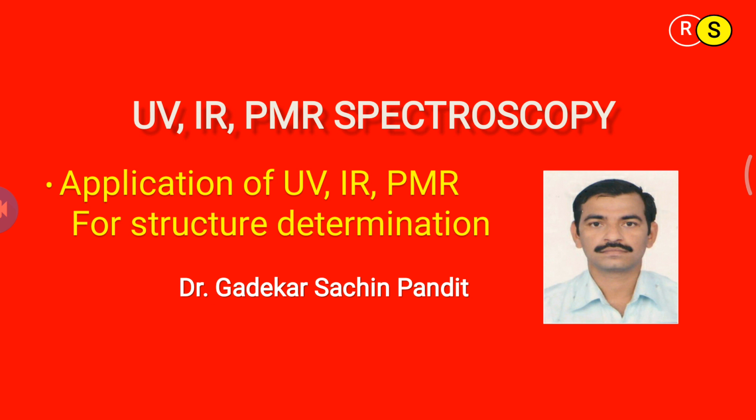Today we are going to learn about the UV, IR, PMR combined techniques for application of structure determination. UV, IR, and PMR spectroscopy combined information is utilized to determine the structure of a compound.